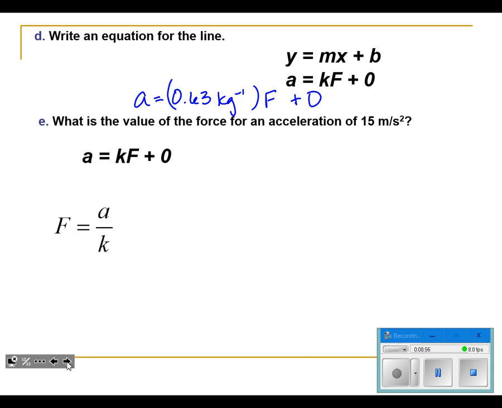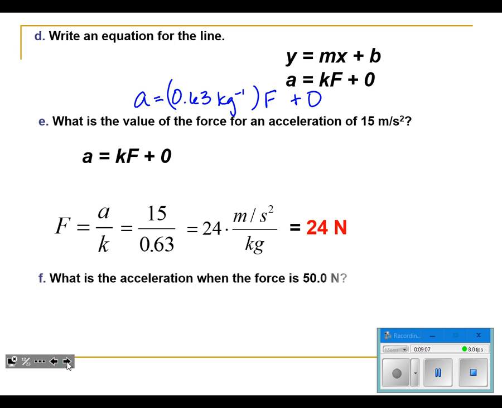So I could plug that in, solve for force, and end up with 24 newtons. Then I could also ask for acceleration: if I plugged 50 newtons into that line equation, I would get 0.63 times 50 equals 32 meters per second.